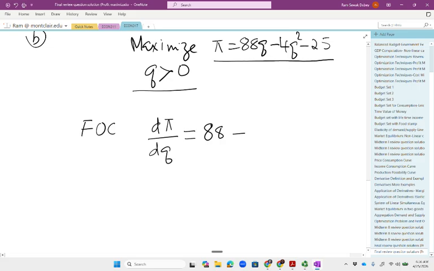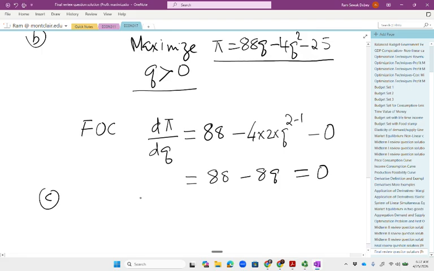The derivative of 4Q square is 4 times 2 times Q to the power 2 minus 1, and minus the derivative of a constant, which is 0. This gives me 88 minus 4 times 2, which is 8Q. So the first order condition requires the derivative of the profit to be equal to 0.